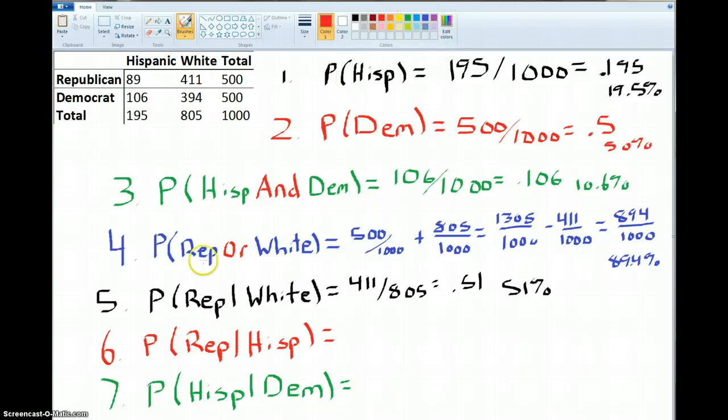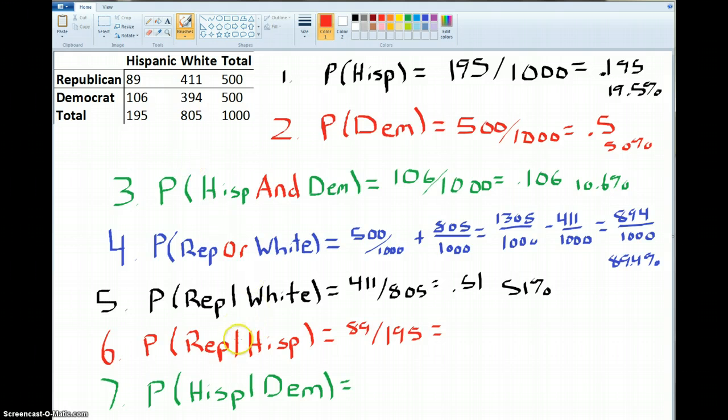What are the chances that we select a Republican if we're only looking at the Hispanic people, if we know that it's only the Hispanics we're considering? So here you look at the Hispanic column only. There's 89 Republicans and 195 total Hispanics that we'd be considering.